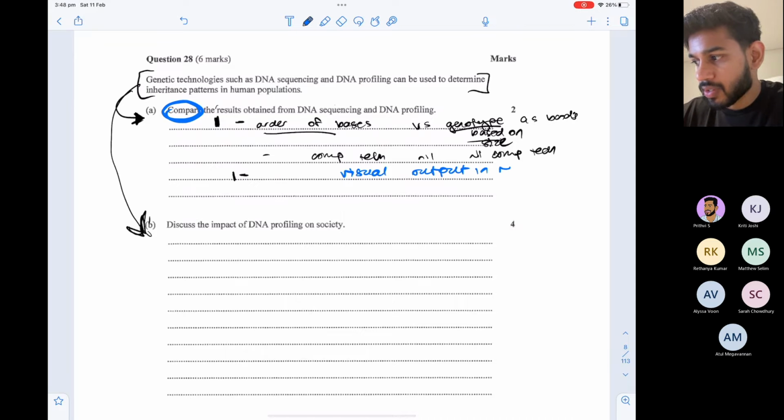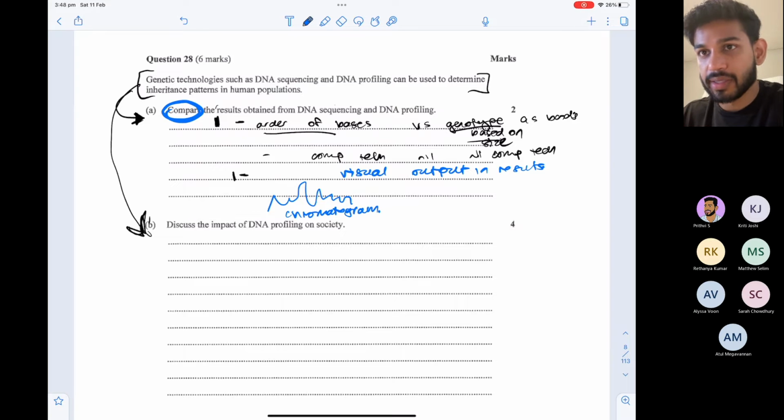in results. In sequencing, you get a chromatogram representing the prevalence of each base in the DNA strand. In profiling, the result is a visual output represented as bands on the electrophoresis gel.